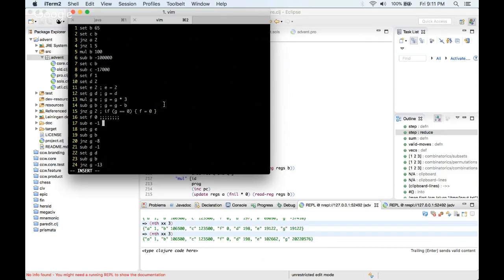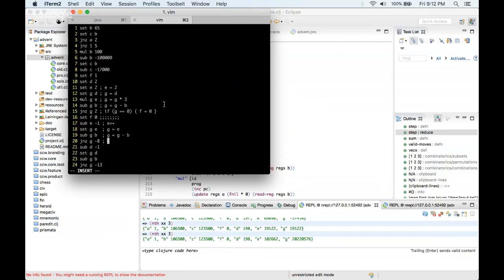Okay. Sub E negative 1, so E plus plus. Set G equals E. G equals G minus B. Jump non-zero, G 8. Okay.